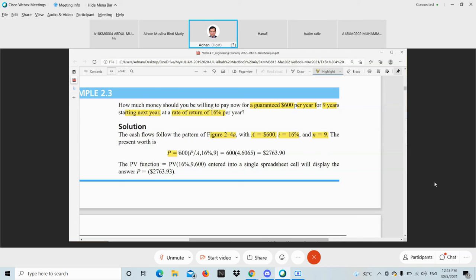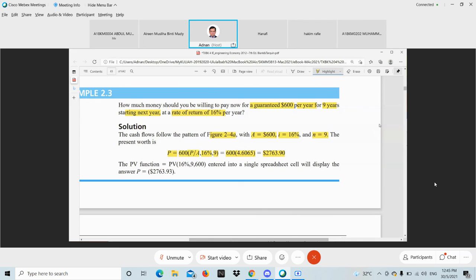We want to know P, we want to get 600 at the end of every year. So P over A means we want to know the value of our investment, 16% for 9 years. Putting this into the formula, we get 4.6065. So we need 2,763 now, invested, so that every year for 9 years we can get 600. So if you calculate 6 times 9, how much is it?